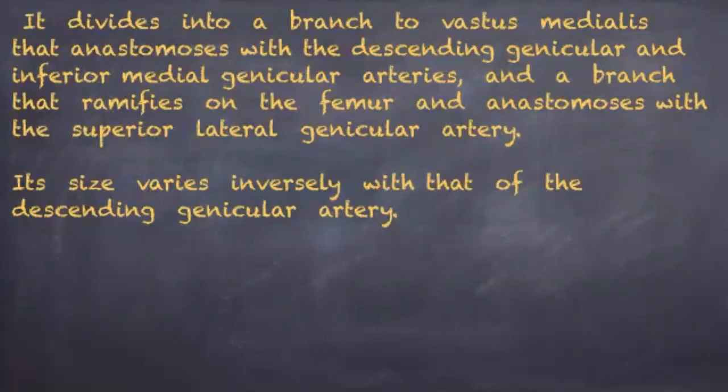It divides into a branch to vastus medialis, which anastomoses with the descending genicular artery of the femoral artery and the inferior medial genicular artery.